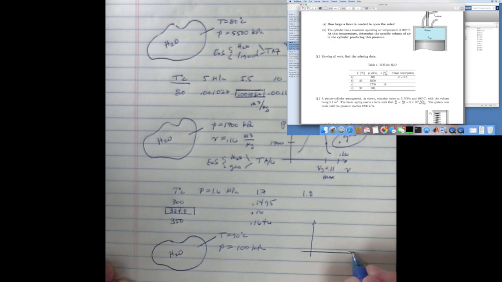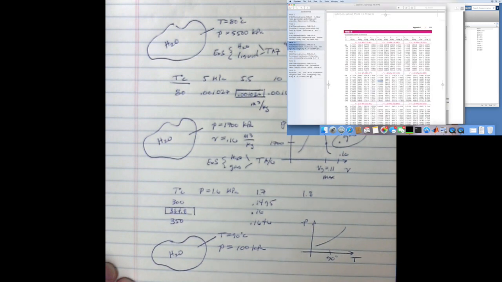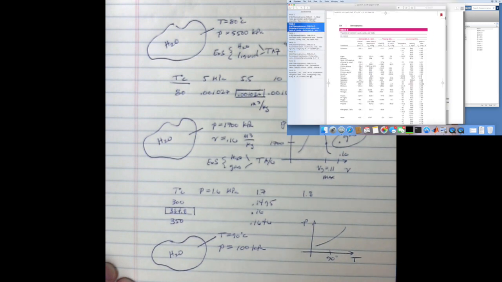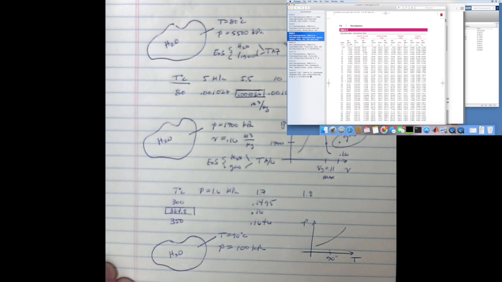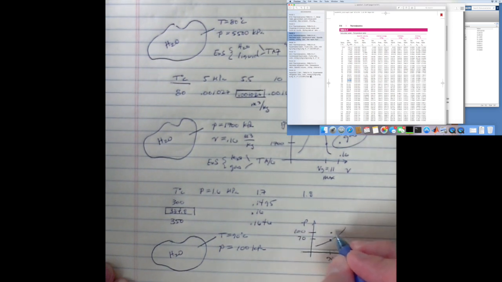So let's draw the vapor pressure curve, P and T. If I look up at a temperature of 90 degrees centigrade in my vapor pressure curve, the pressure would be 70 for boiling. Of course, my pressure is 100, so I'm liquid.